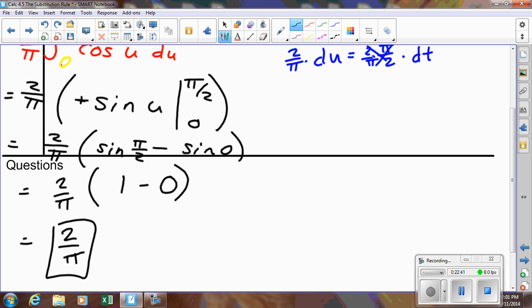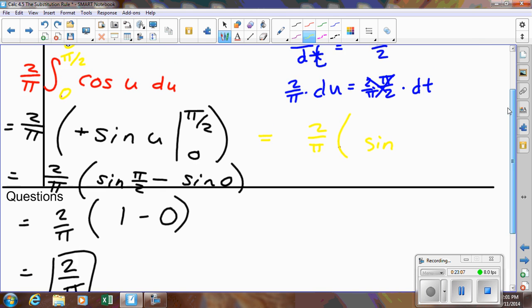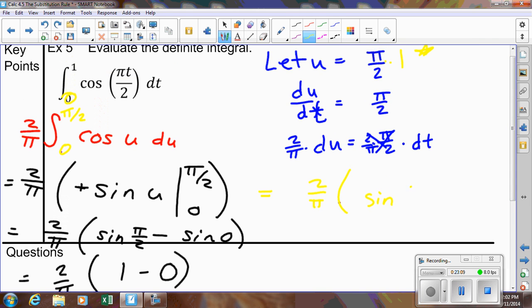Please notice, when we were doing this here in the black, we did not need to change it back into the variable t. Because it was an indefinite integral, we did not need to change it back. I mentioned if you wanted to, you could. At this stage, instead of saying u, we could have changed it back into pi over 2 times t.